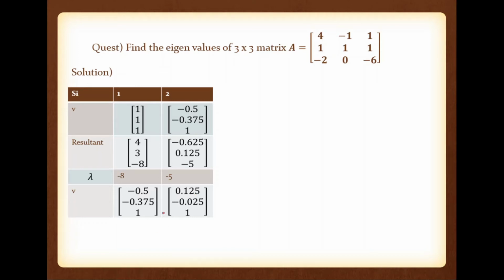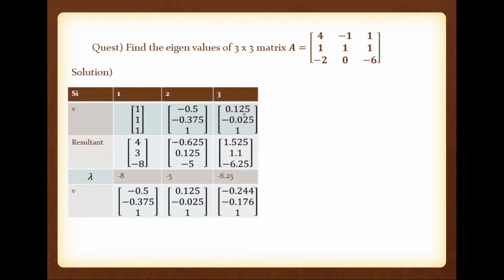Now you can see that the previous resultant vector and the new resultant vector are different, so we have to continue. Take this one as the initial vector of the next iteration, the third iteration. Multiply A with this vector. This is the resultant vector.